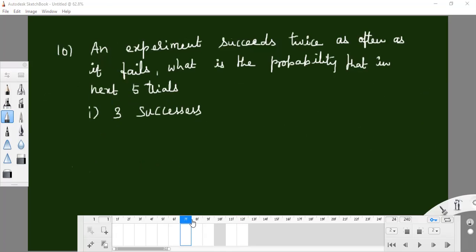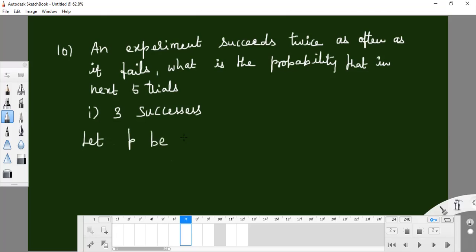See the next sum, the 10th sum. An experiment succeeds twice as often as it fails. What is the probability that in the next 5 trials there will be at least 3 successes?